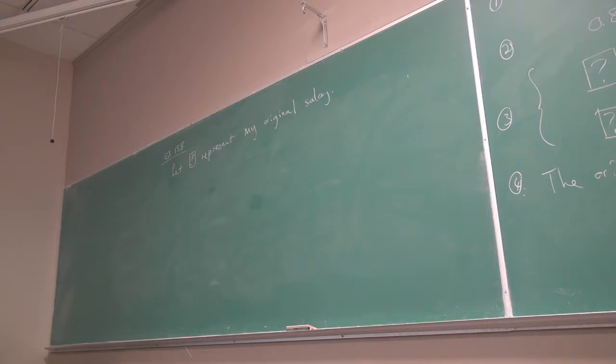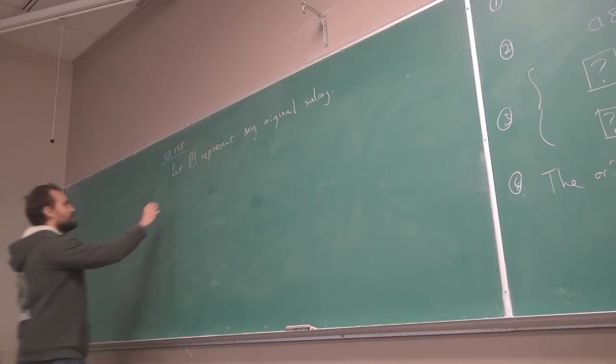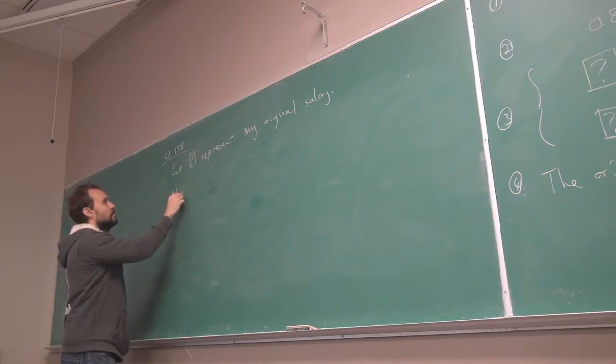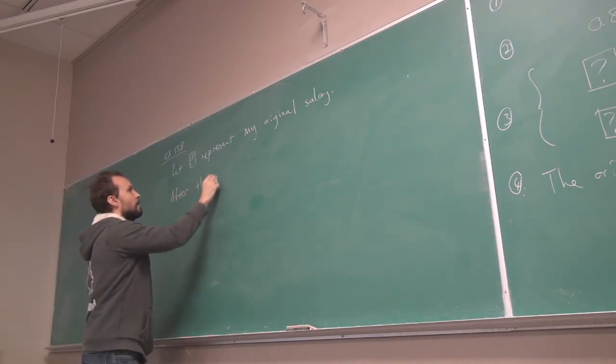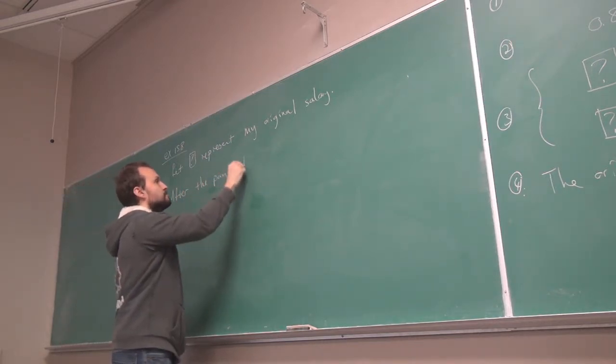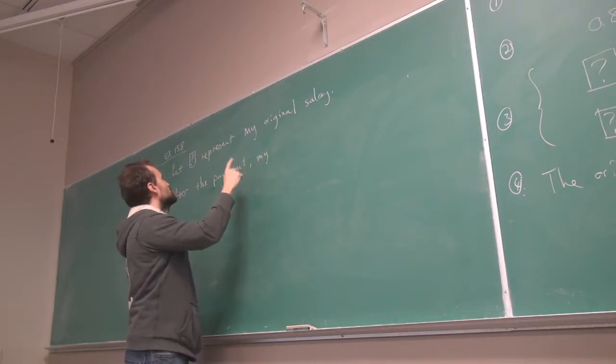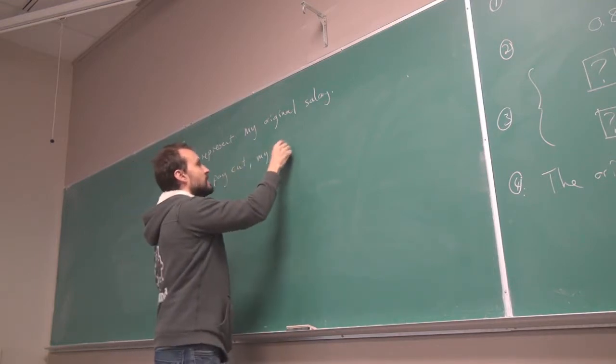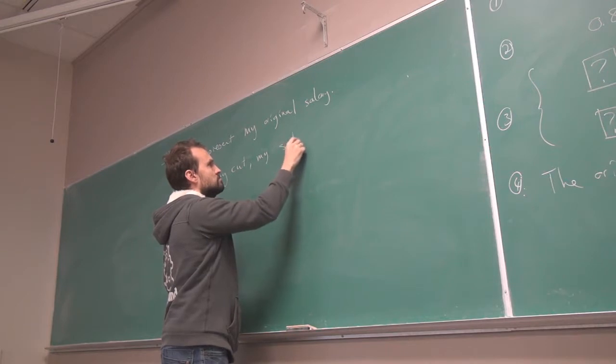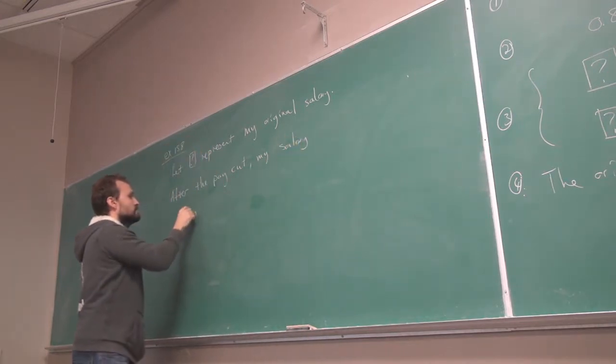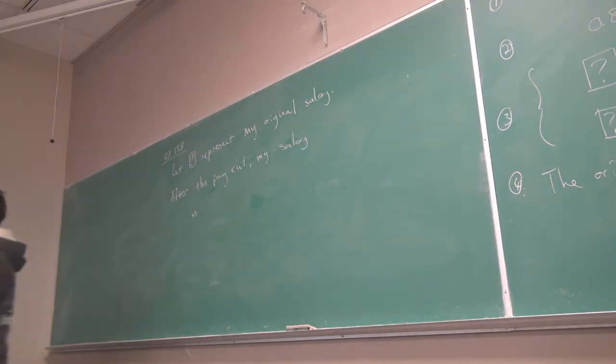So now my boss says, no, my boss, your boss, I have to cut everyone's pay by 10%. So after the pay cut, really your salary, my salary, whatever, salary is calculated how?